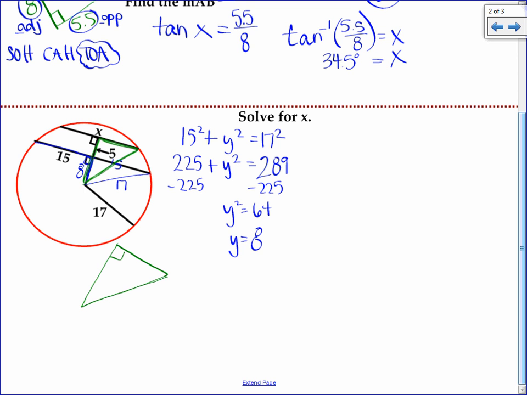That was 17. How long is this one? So 13. If we look right here, we got 8. We just found that. And then this little chunk on the end here is 5. So we have 13 there. So now we have another right triangle where we could find a missing side. C squared is still 17. So we've got 13 squared, z squared, 17 squared.